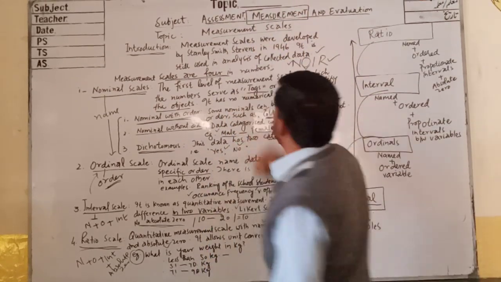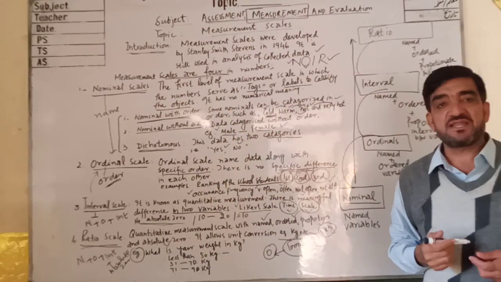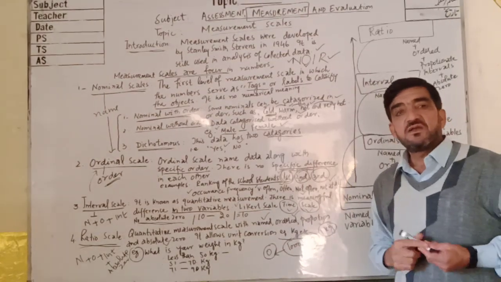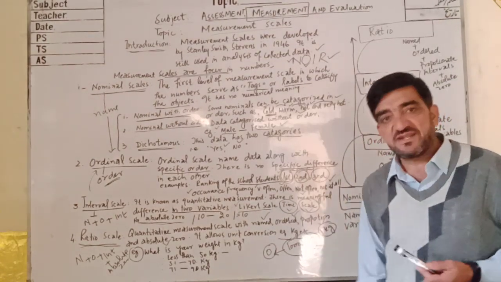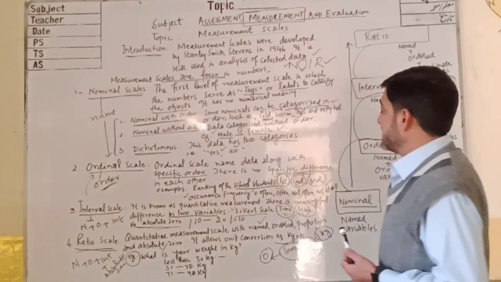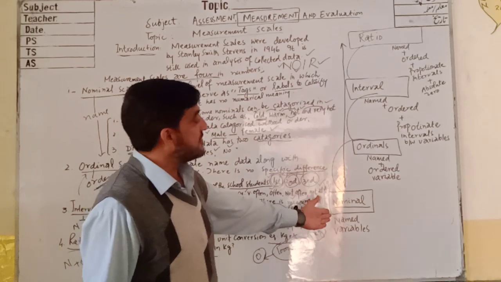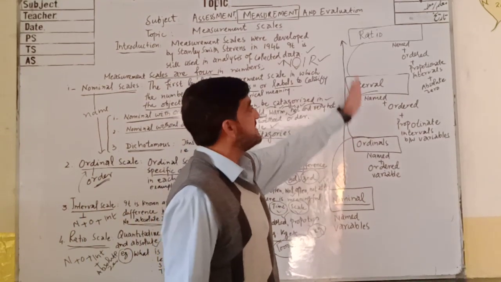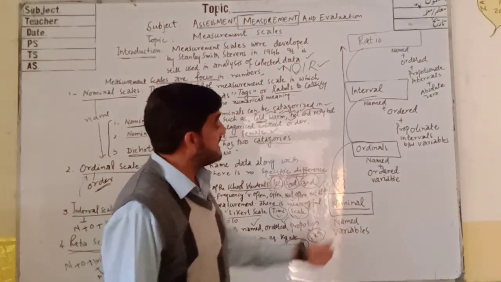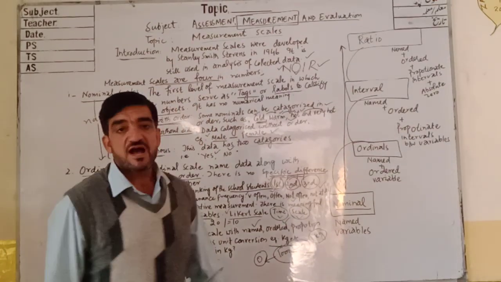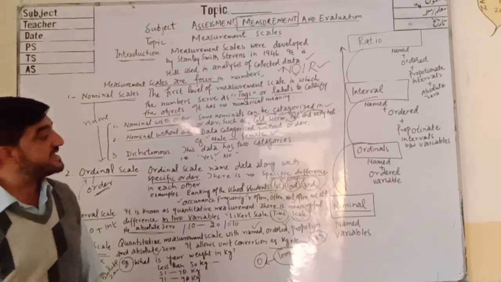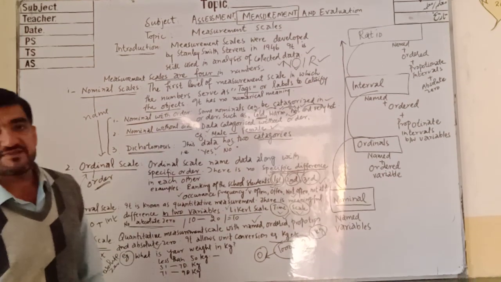As we have already explained, measurement is the systematic process of giving numerical representation to the collected data. So I hope you have understood very well that nominal scale, ordinal scale, interval scale and ratio scale are in ascending order. I hope you will not have any confusion now regarding these scales.